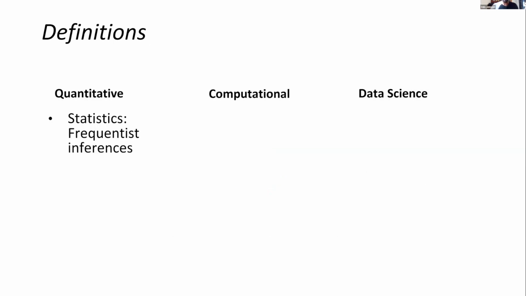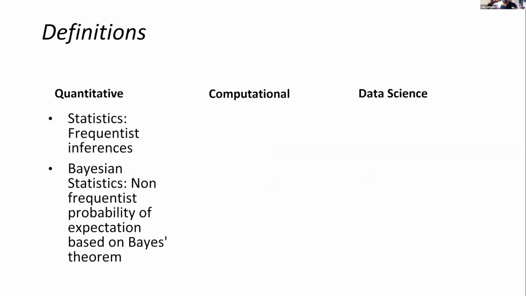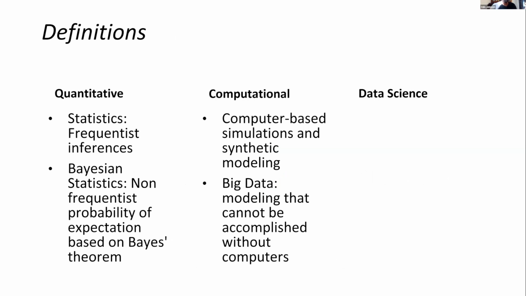When I say quantitative, I want us to know that I'm talking about statistics largely, or Bayesian approaches, which often are non-frequentist approaches to probability and expectation. Talking about computational work, which I like to think of as anything that can't be done by humans alone. It must be computer assisted. That includes big data and also other things such as synthetic modeling and so forth.